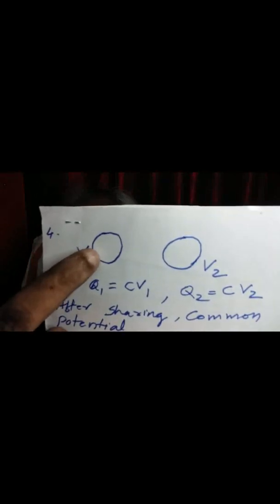They acquire a common potential of: A, (V1 plus V2) by 2; B, (V1 minus V2) by 2; C, V1 V2 by (V1 plus V2); D, V1 plus V2. This is the question. So these are two identical spheres at potentials V1 and V2.